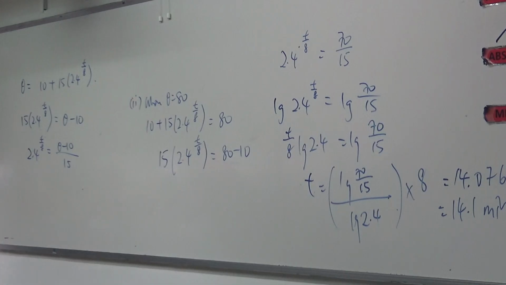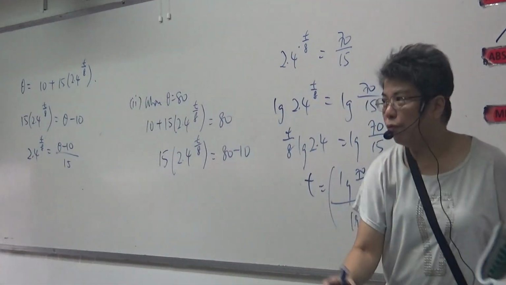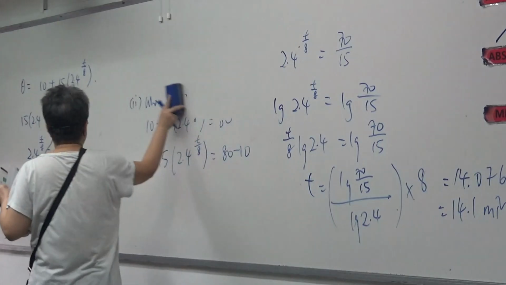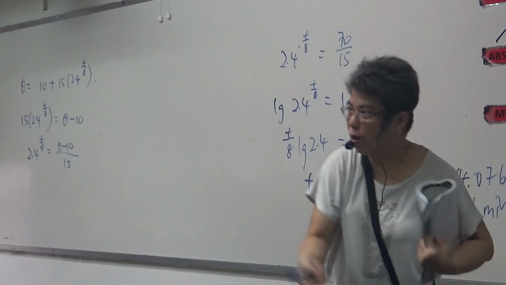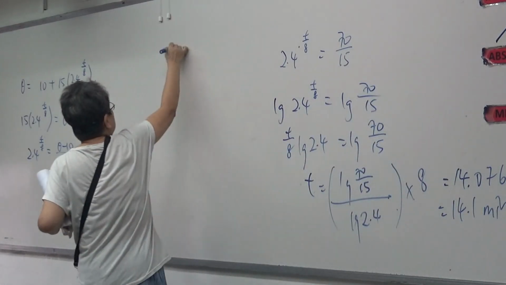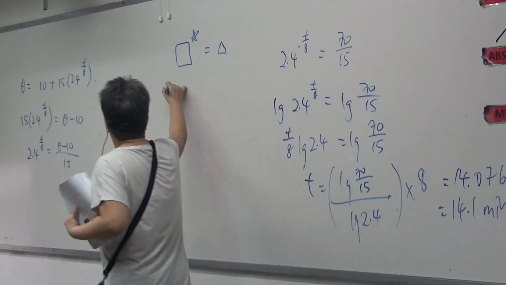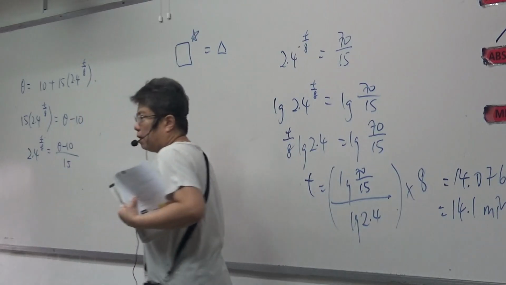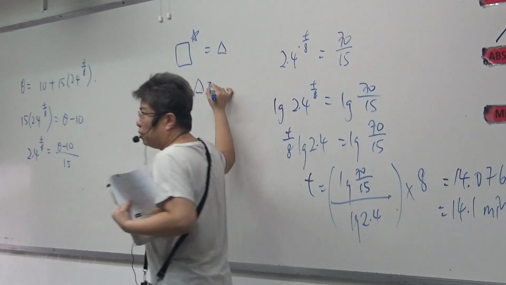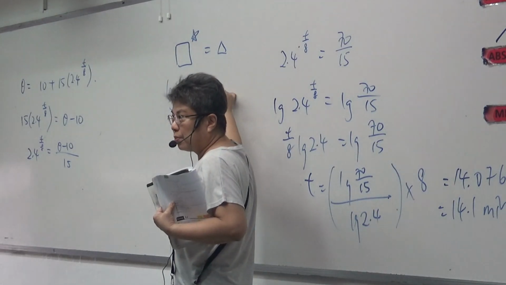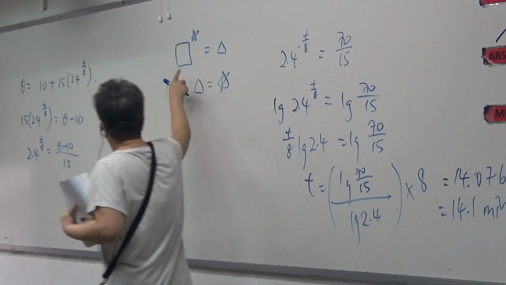Everybody okay? Now, this is where you can write it in log form already, but a lot of you will be confused as to what to do. Now, I want to show you something here. All of you look up here. I give you some symbols. If I write this in log form, I will have log square triangle equals star.